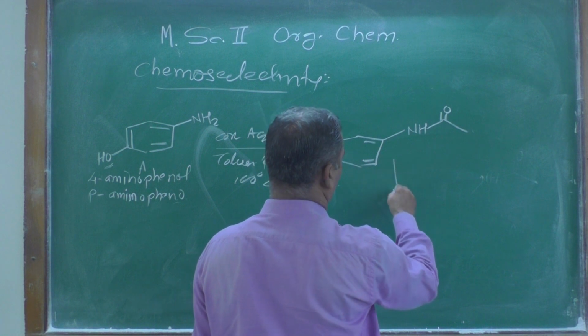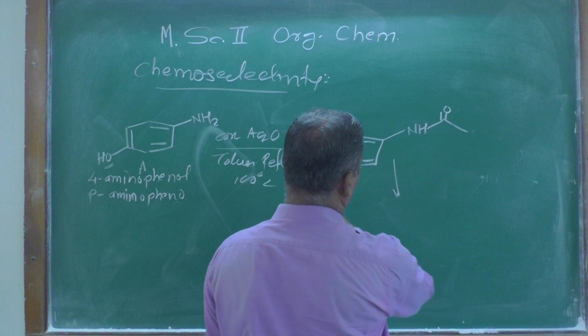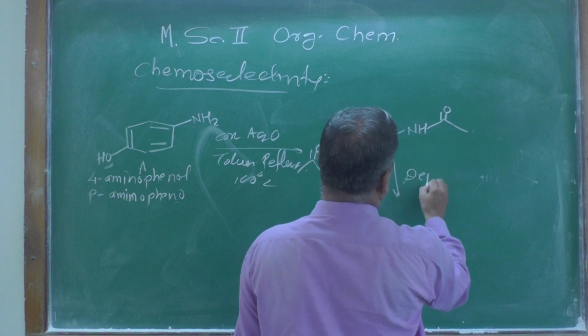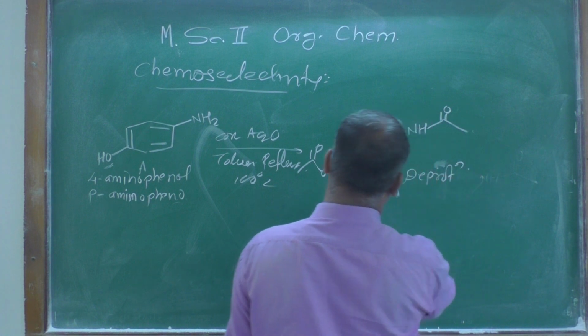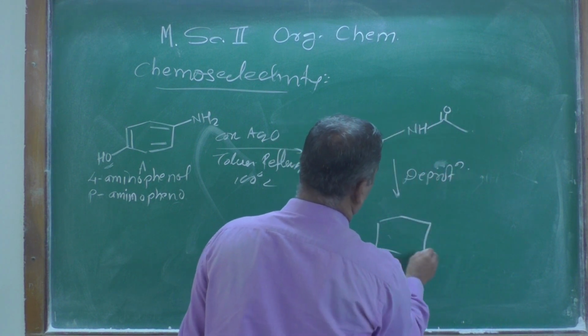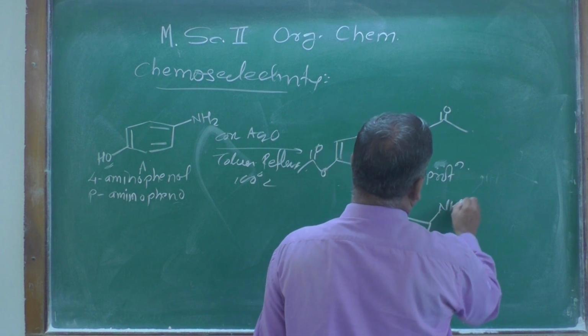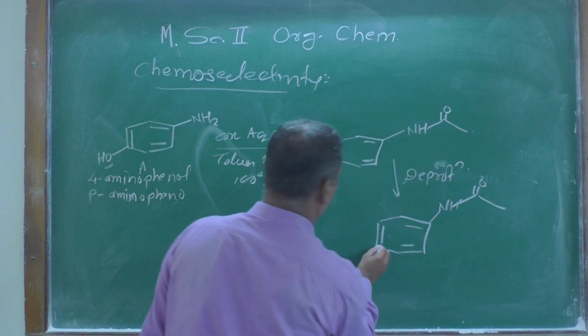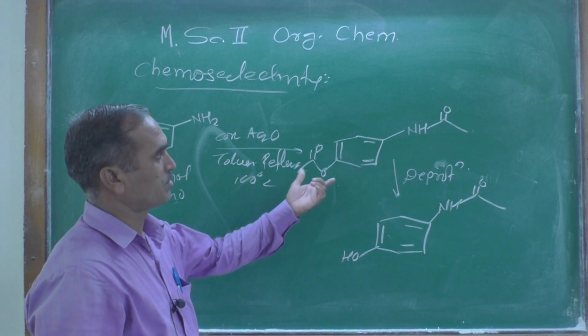Now selectively we can deprotect one of these groups, that deprotection selectively, and we can achieve our target molecule like NH, C double bond O, this one, and OH. But what will be cleaved in an acidic medium?